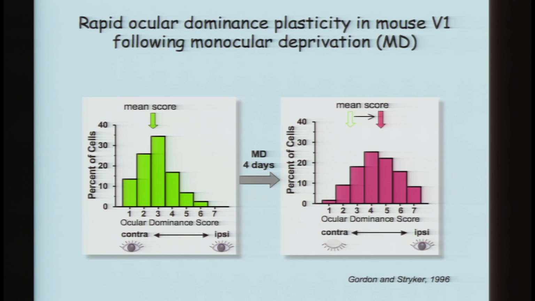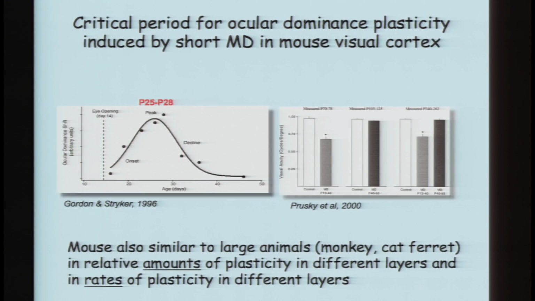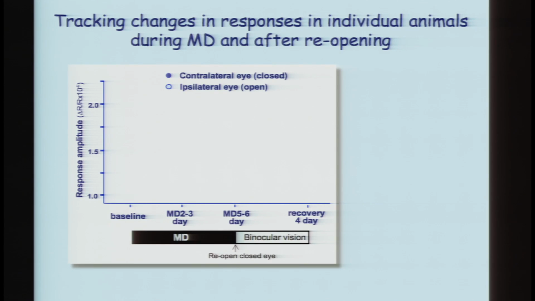Within that region, there is rapid activity-dependent plasticity that has a well-defined critical period. You can plot it with microelectrodes, or you can measure it behaviorally. And the mouse is also similar to these other animals in the relative amounts of plasticity in the different layers and in the rates of plasticity in the different layers. So in these respects, the mouse is very, very similar.